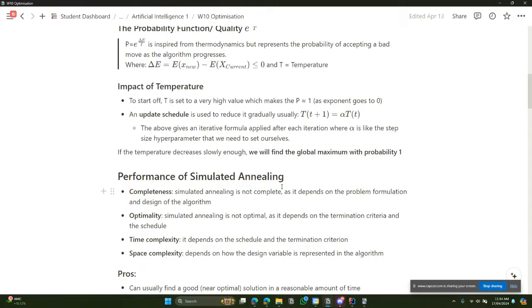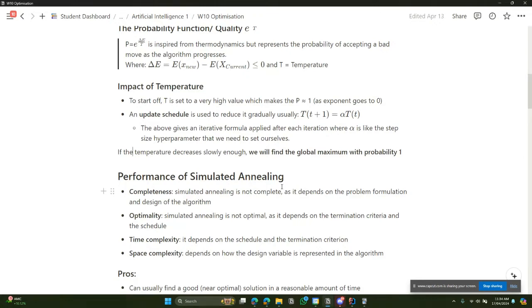In metals, right? If you heat up a metal and you suddenly decrease the temperature, it actually hardens the metal because the particles don't align. If you gradually decrease it, the particles will remain aligned. So similarly, we want to do that here. We want to gradually decrease the temperature. That's the whole point of annealing, right?